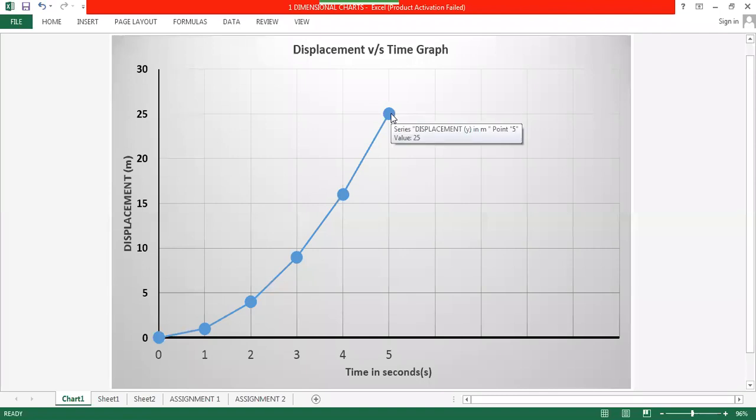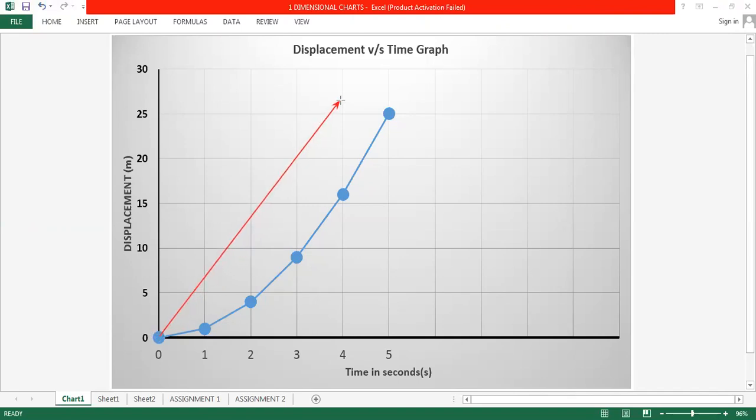So whenever you find a curved line, you can conclude that the object is moving with a variable velocity. When it is a straight line, then you can easily conclude that the object is moving with a uniform velocity. Remember we have discussed this as well. If I get a straight line like this, what does this indicate?